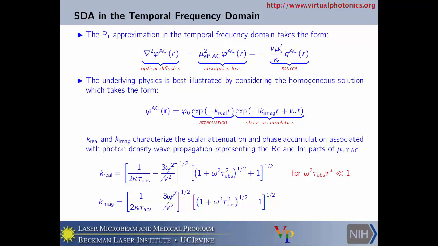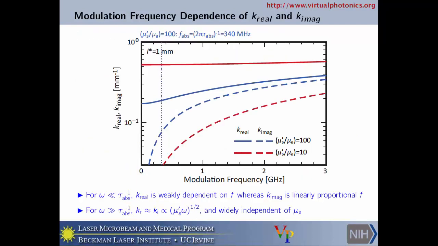If you actually do this computation, you'll find that for these optical properties, this characteristic modulation frequency is about 2 gigahertz, which is much higher than the typical modulation frequencies of hundreds of megahertz that are used. And in that limit, you can reduce the complexity of this equation a little bit and come up with the characteristics that Bruce mentioned earlier.